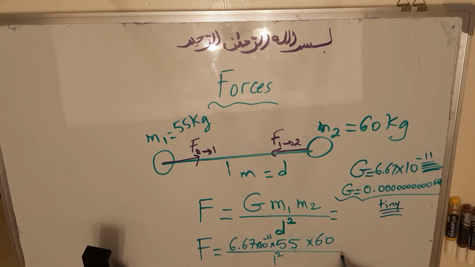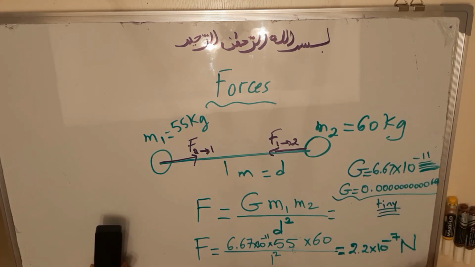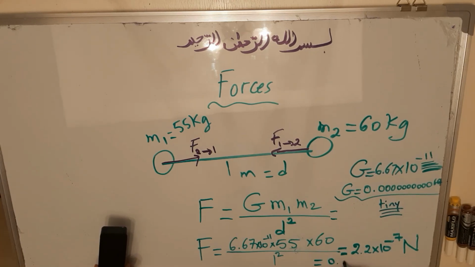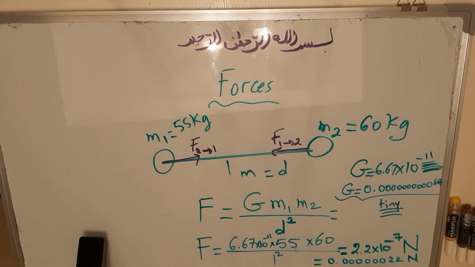If I recall well, we calculated the other day with students, and it was 2.2 times 10 to the power minus 7 newtons, otherwise Newton is going to be very angry. So that is a force of 0 point, how many zeros? 1, 2, 3, 1, 2, 3, and then 2, 2. Is this a force that students are going to feel? This is a very, very tiny force.